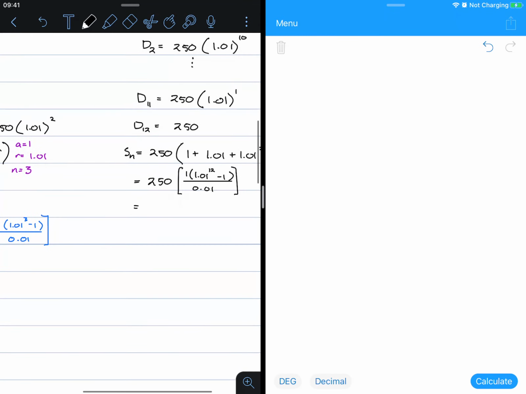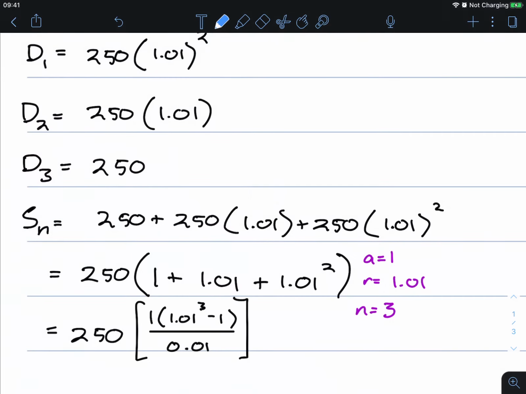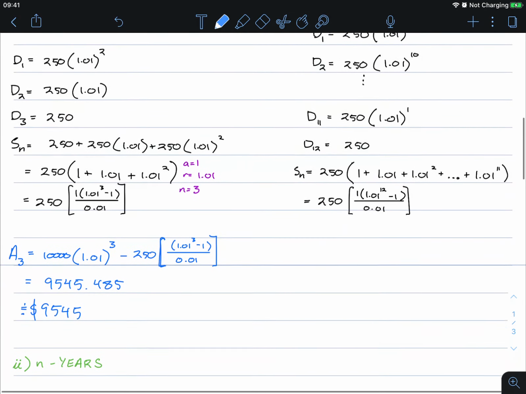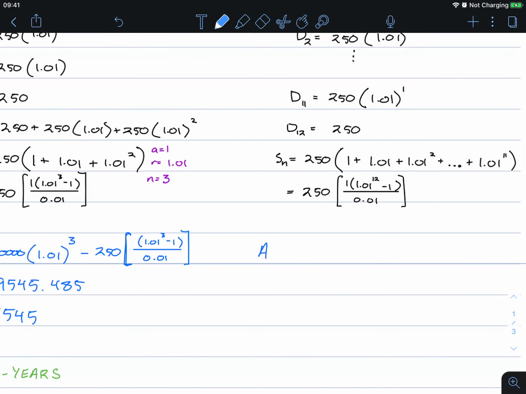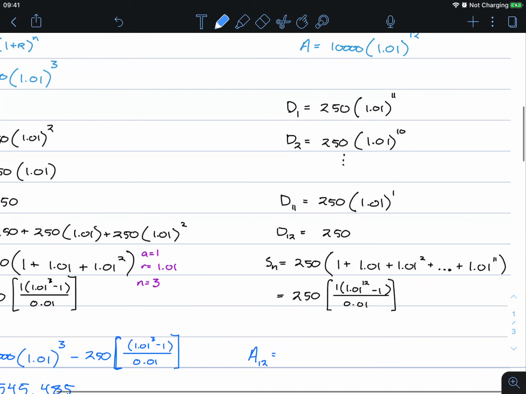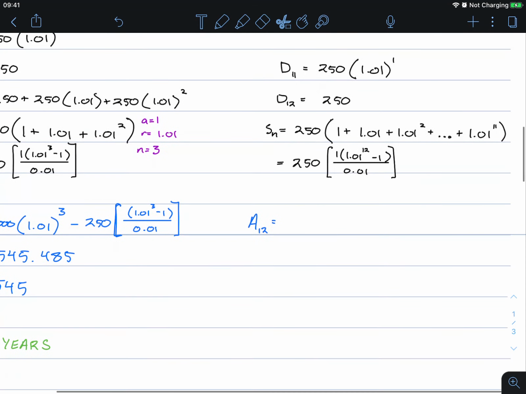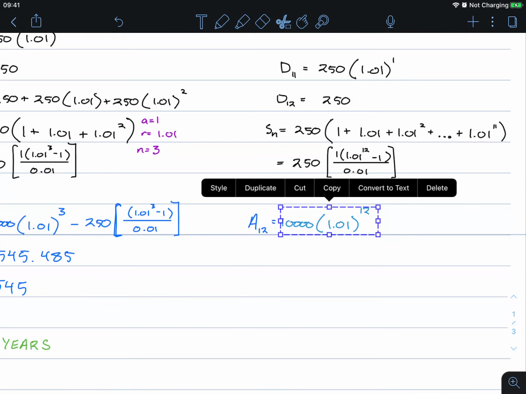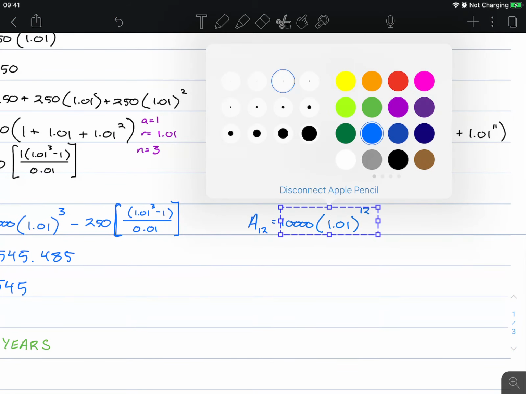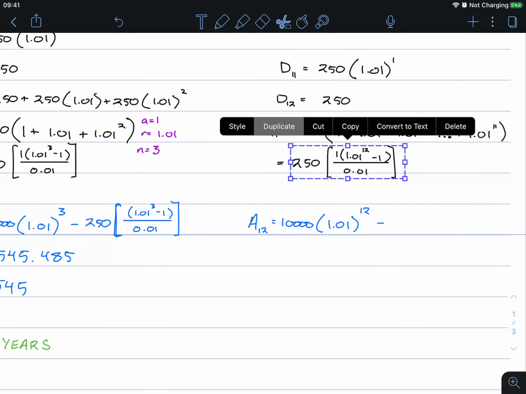Oh, sorry. We should now just bring the two together. So now it's going to be the value of the loan at 12 months is this expression here, minus this expression here.